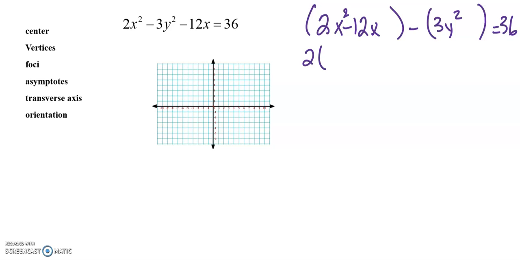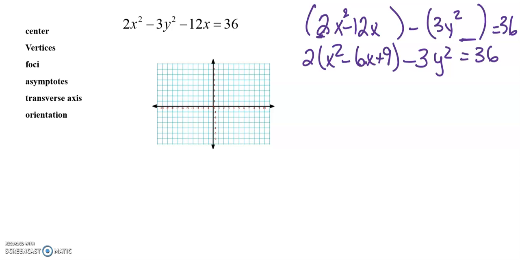So we're going to take our coefficient out, which gives us this for our x. And if we take that coefficient out, we get y squared. So we really don't have anything added or subtracted in here with the y's, and it equals 36. So let's complete the square. Half of 6 is 3, squared is 9.